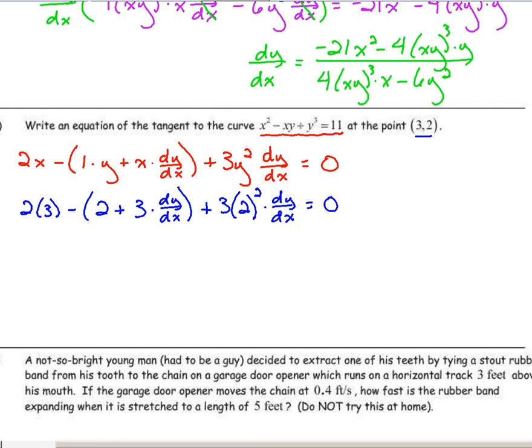Now I know when I carry this negative through, that changes the signs in here. I know I've got 6 then, minus 2, minus 3 dy/dx. This is 4 times 3, so that's 12 dy/dx.